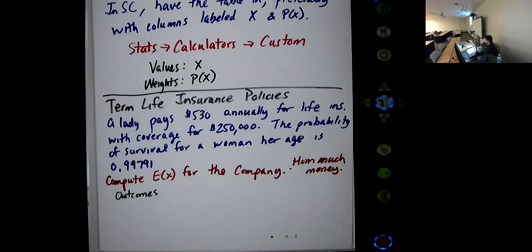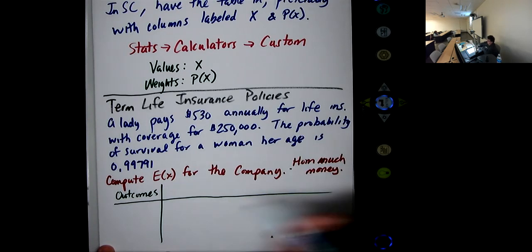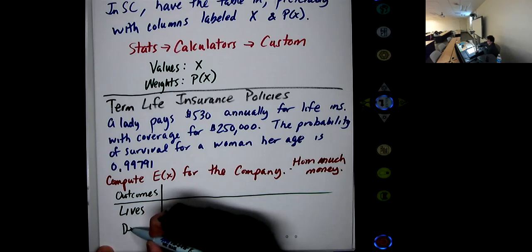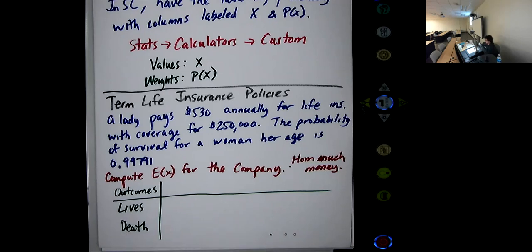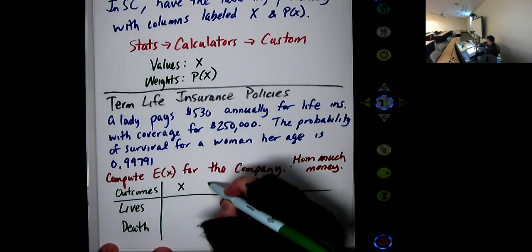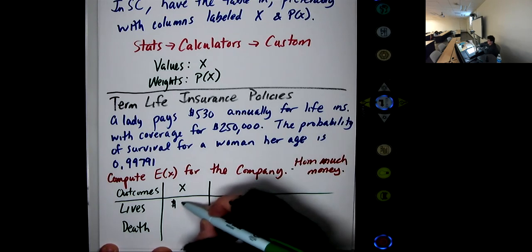Either the lady takes the premium, she lives or she dies, right? And so if X is the money portion, if she lives, they gain $530.